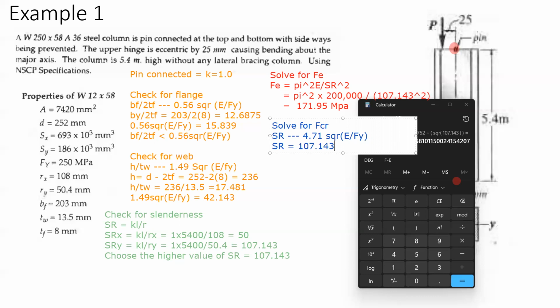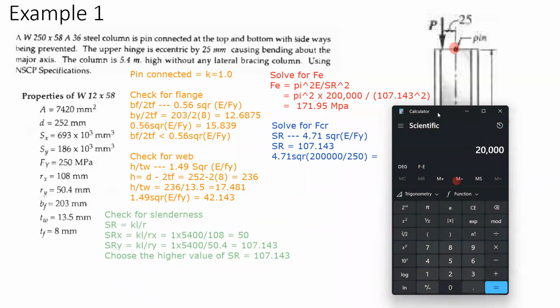So let us check. This be 4.71 square root of 200,000 divided by 250. Ang sagot natin is 133.219.